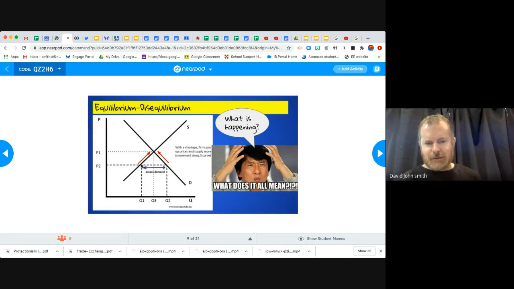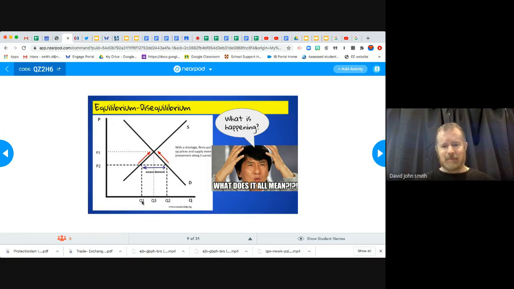What that leads to is all of these suppliers saying, we can only supply this quantity here at that price. Whereas consumers go, woohoo, cheaper price, yay, I'm going to demand this quantity here. So what we see is an excess of quantity demanded over quantity supplied. There's more quantities being demanded than there are being supplied. So the situation there is what we call a shortage. There is not enough of that particular product available.